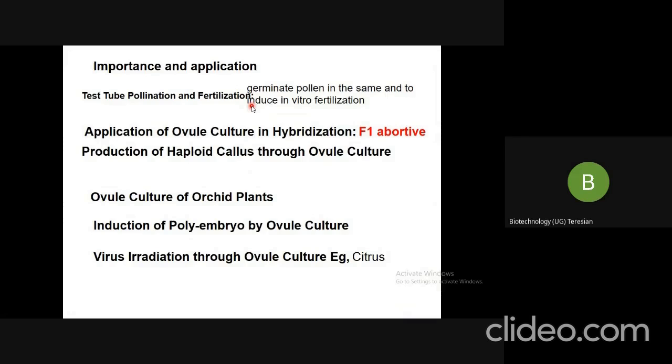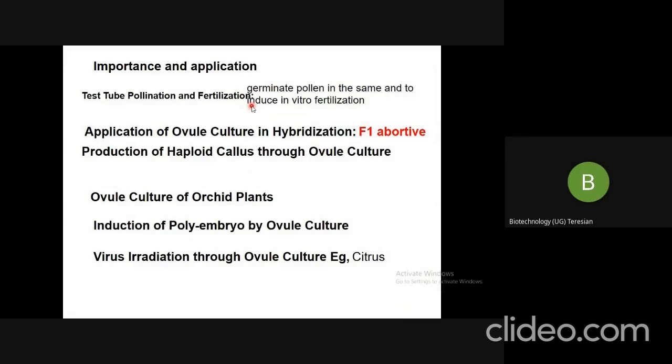In vitro means in the test tube itself. Once it has happened, scientists have observed all the stages of development that happen in vivo, in the outside environment, from the germination of the pollen to double fertilization, and mature seeds containing viable embryos, meaning fertile embryos, have been obtained.